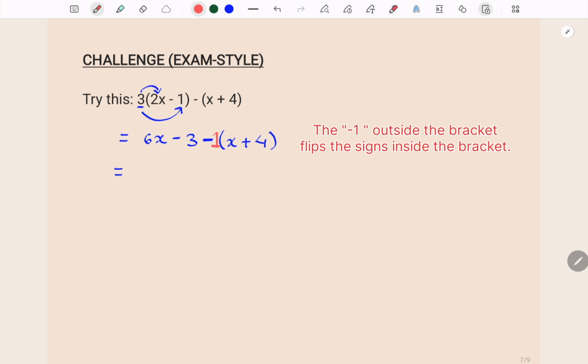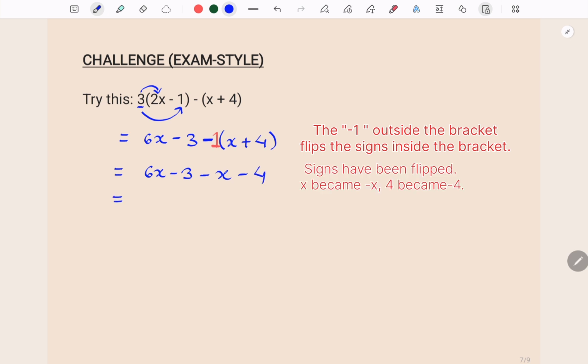All the signs will be flipped. So plus becomes minus, minus becomes plus. This will be 6x minus 3. Minus 1 multiplied by x will be minus x, and minus 1 multiplied by plus 4 will be minus 4.